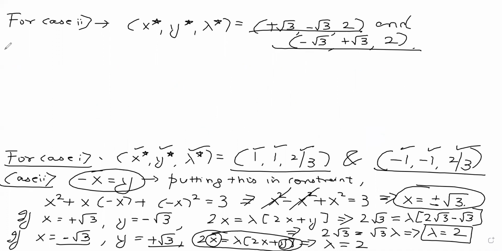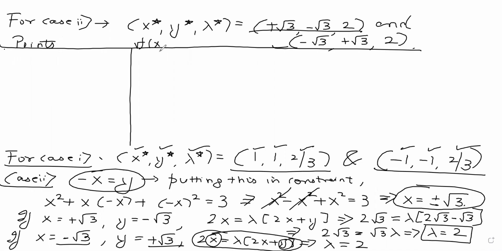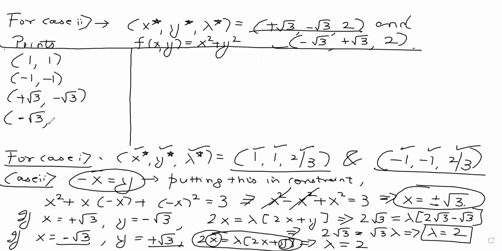That was our objective function for this problem. Let us look at this. We have the points and we have f of xy, which is x square plus y square. Now I can put all the points. My points are 1 comma 1, minus 1 comma minus 1, then plus root 3 comma minus root 3, then minus root 3 comma plus root 3.